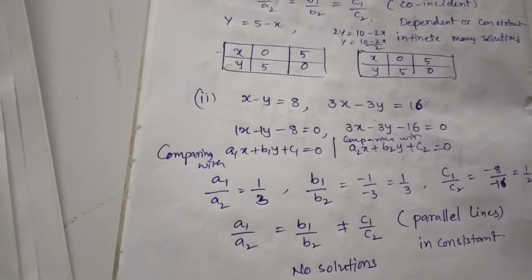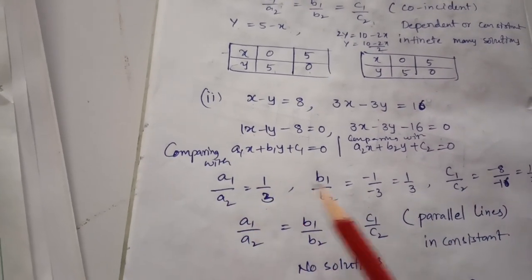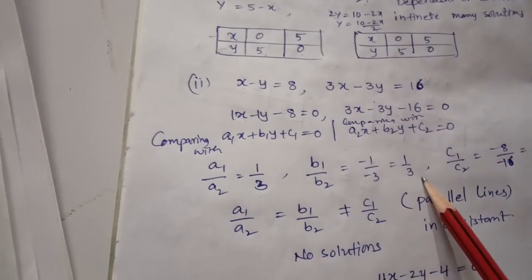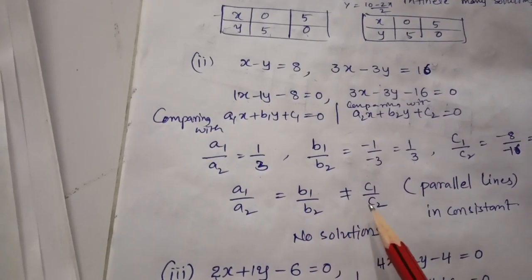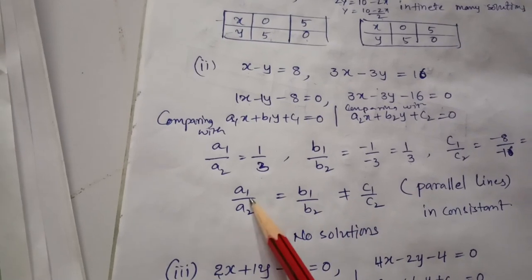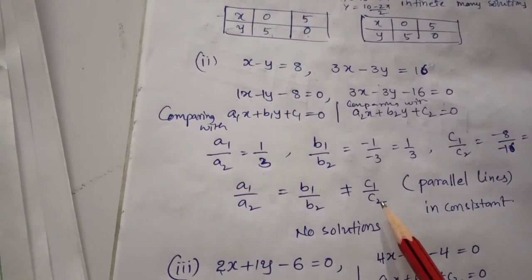So here c1 by c2 is different. a1 by a2 is 1 by 3, b1 by b2 is 1 by 3. So a1 by a2 equals b1 by b2 is not equal to c1 by c2.